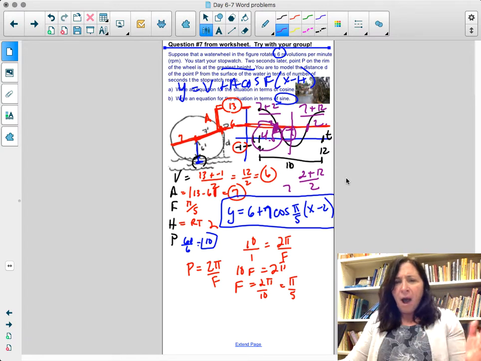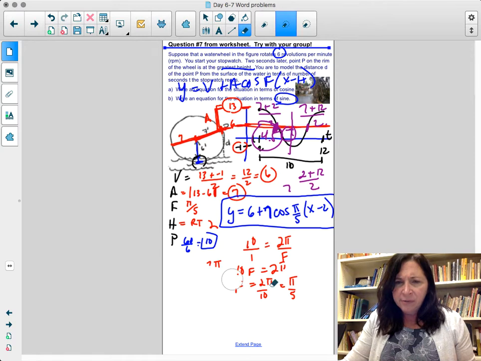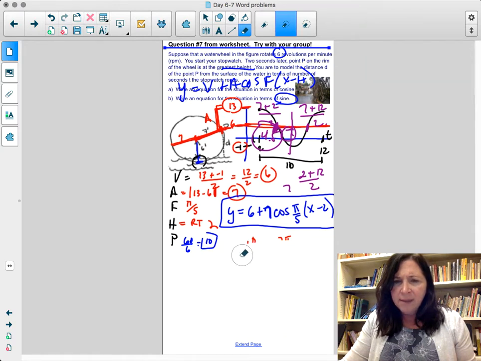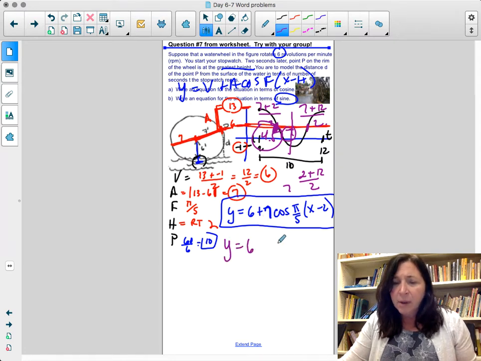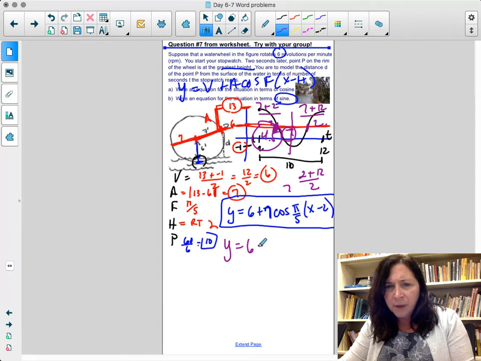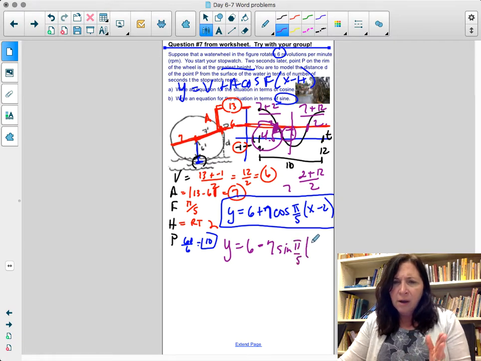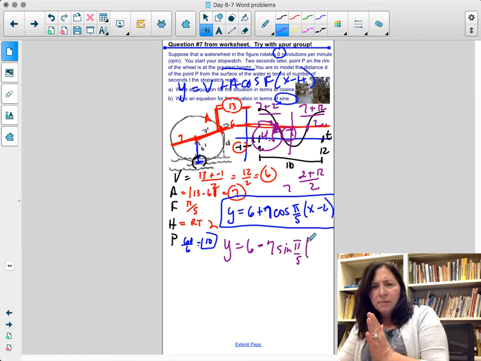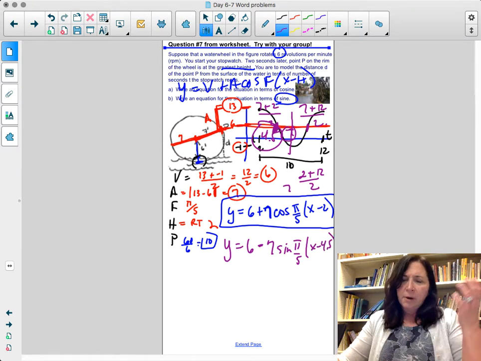If I wanted to make that a negative sine wave, I'm going to erase this so I have a little bit of room. I would go like this. Y equals, this is the same, 6, but because it's negative, that becomes minus. All these values are the same, sine pi over 5 times, now this is going to be x minus 4.5.